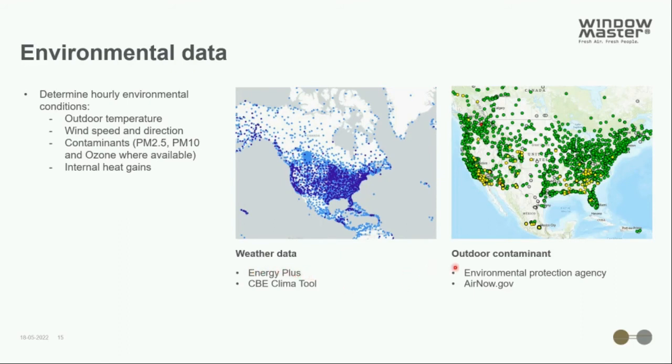Now, I won't go into too much detail about the contaminants today, but there is a website, airnow.gov, which is a partnership among others with the Environmental Protection Agency, and the EPA also has guidelines for the maximum values for each contaminant. But there are a lot of different locations, and of course, if it gets very local where you want to account for a busy road right next to your project, you would either need to measure this in some other way, or you would say data is not available if that's not an option.